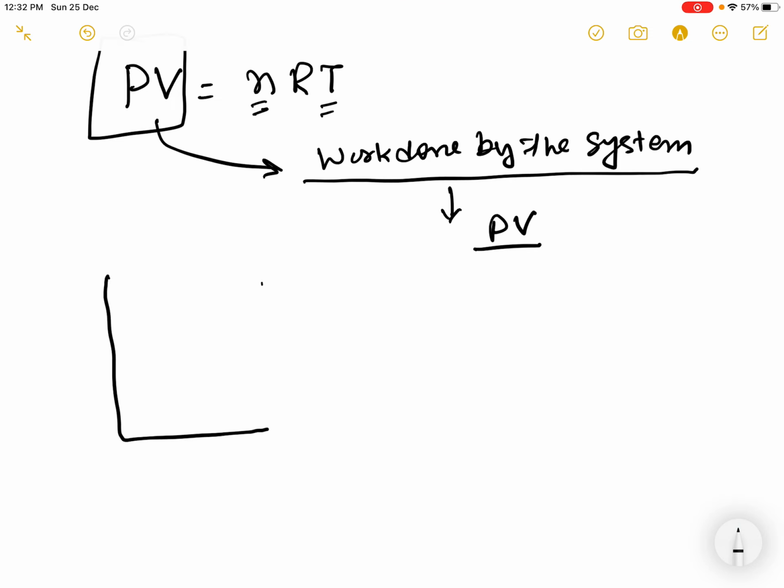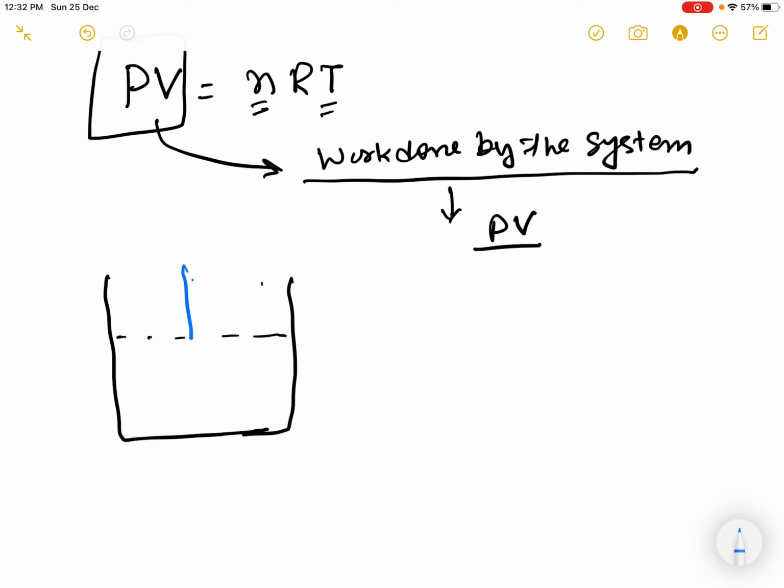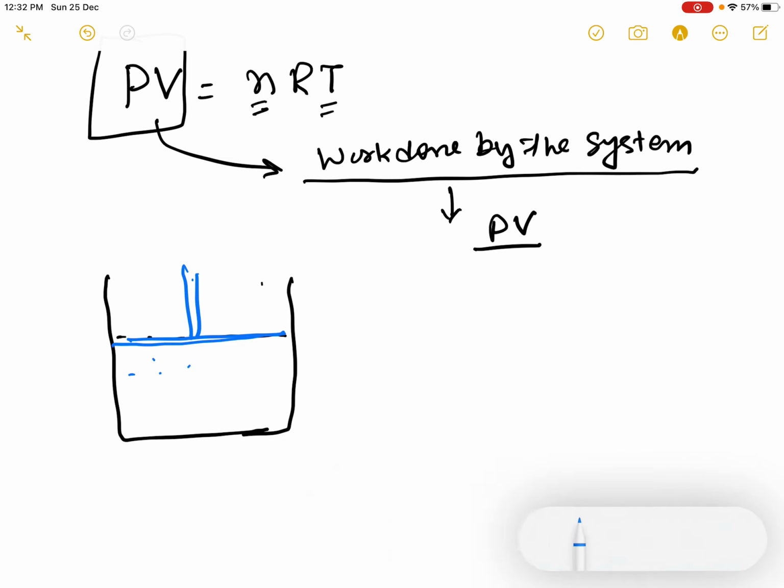This is the system of gas. This is piston here, and here are molecules in this system. Now if we give heat to this system, what will happen?